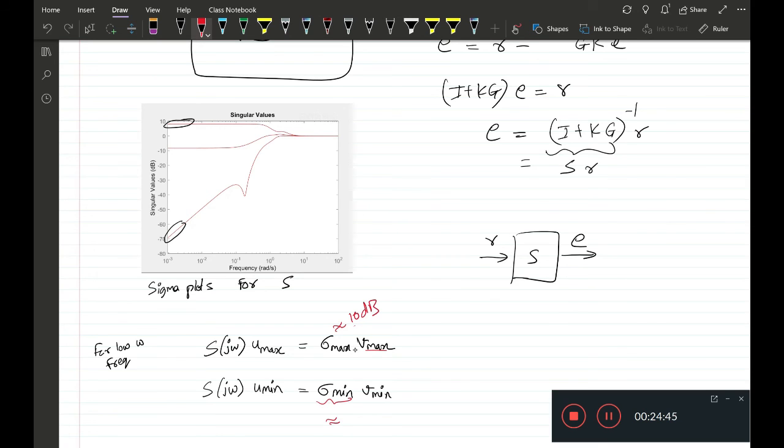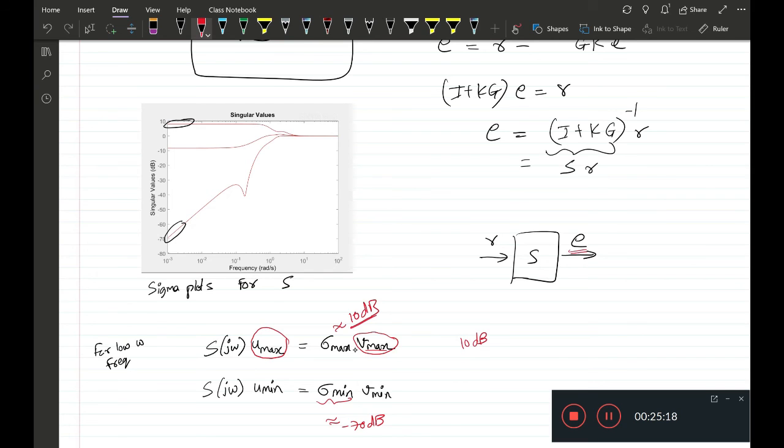minus 70 dB. So what this means is that if I have a sinusoidal input along the U max direction, my output will be along the V max direction, sinusoidal, because it's a linear system, and with an amplitude of 10 dB, and my output in this case is an error, so I will have a large steady state error along this direction.